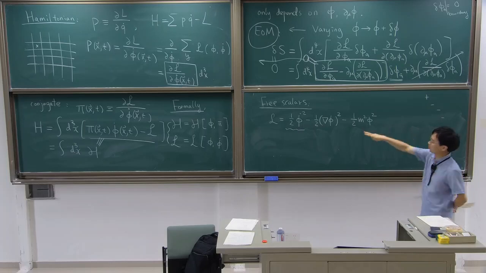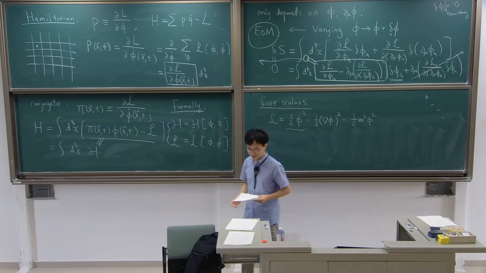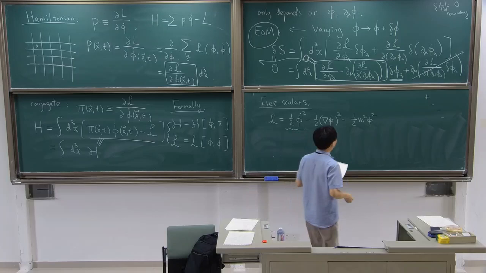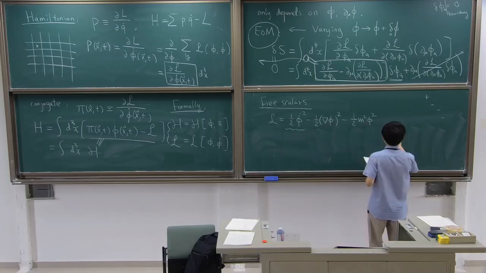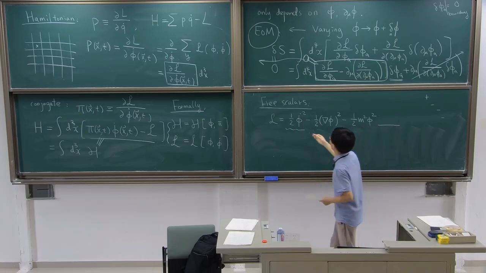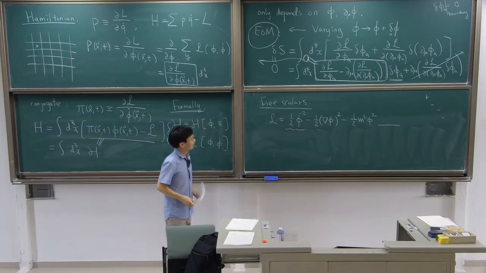Since I use this one, here you can see, in this way I write everything in components, so there's no confusion. But just a bit of comment about the convention. As you can see, this is quite a simple Lagrangian, right?